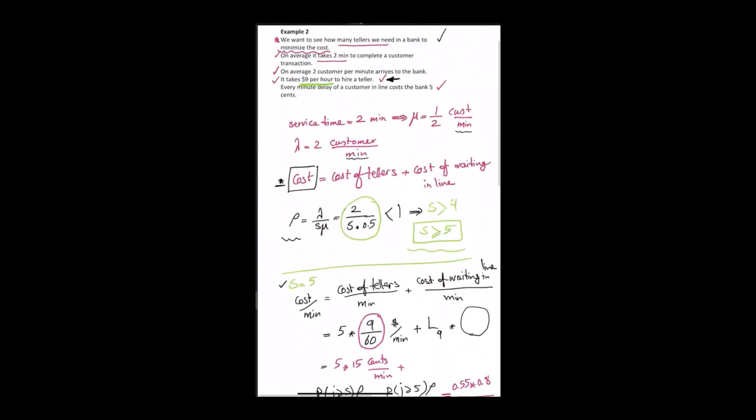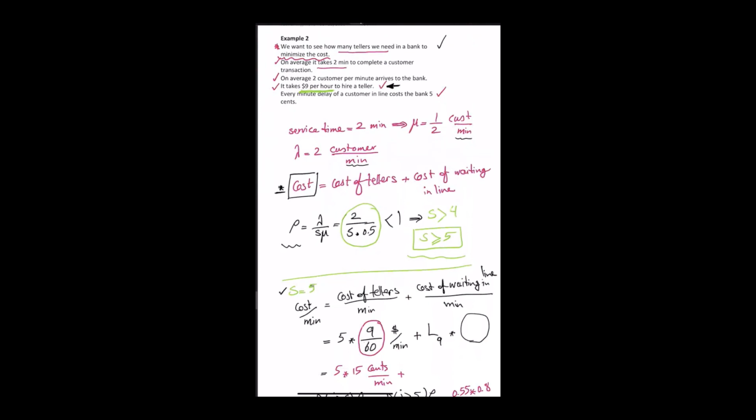And here we have that for every minute of delay of the customers in the line, the bank pays 5 cents. So the cost per minute in this scenario is going to be 86 cents per minute.